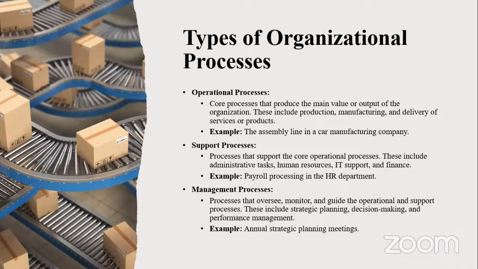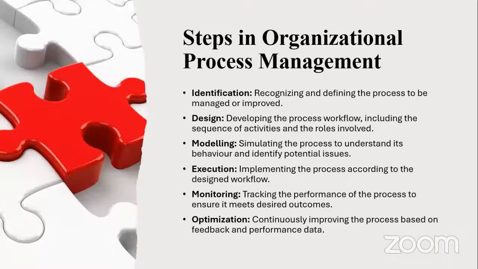They are support services, and they support the core operational services. Then you have the management processes that oversee, monitor, and guide the operational support processes. This includes strategic planning, decision-making, and performance management. Example is an annual strategic planning meeting.